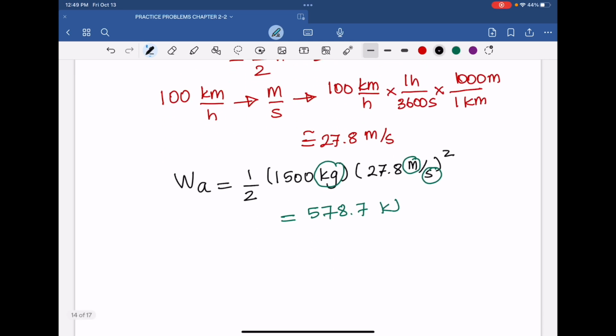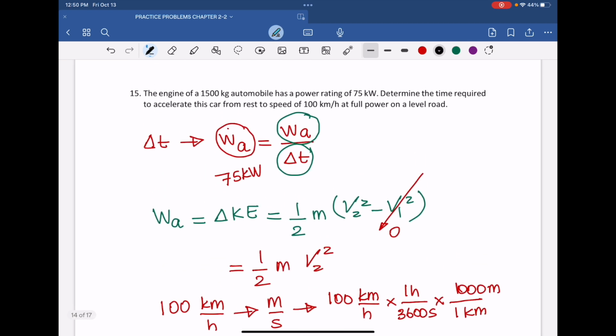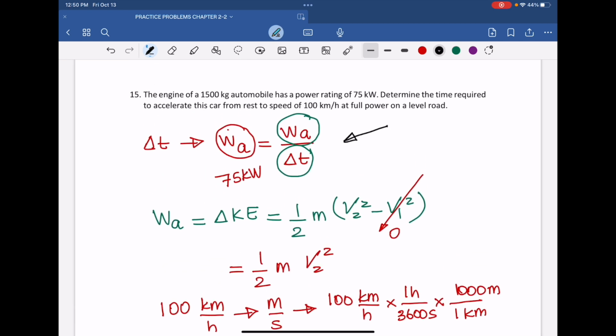Okay, now we found this, and what we need to do is divide this by the power to calculate the time, right? According to this equation, I'm going to divide this because you can solve this for time, and that is work over power.